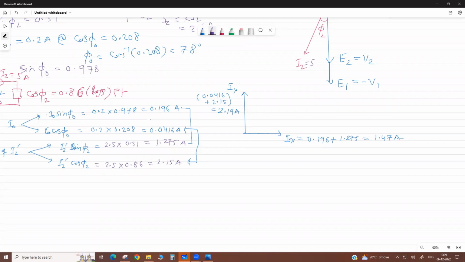Along this vertical axis, there is also the voltage phasor V1. So the vector sum of these two, total horizontal and total vertical, will give you I1.